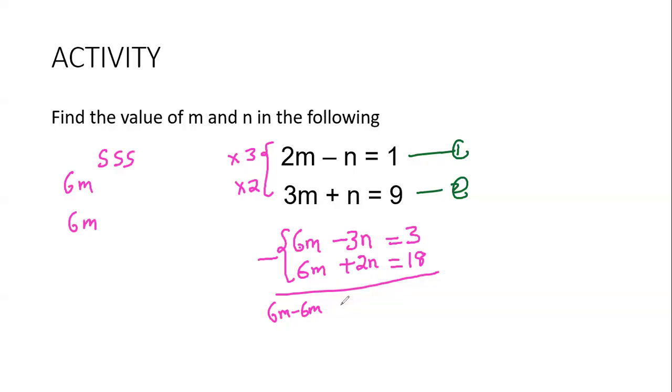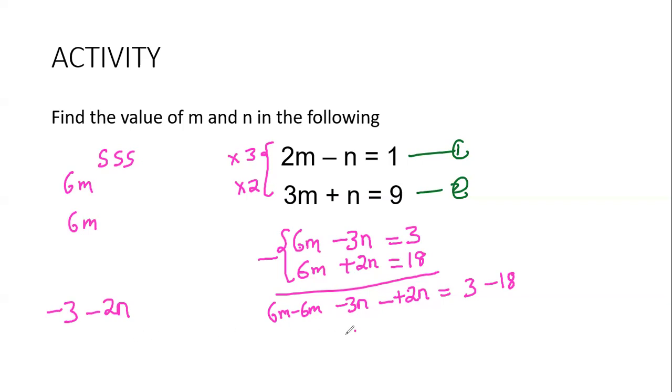Here I come to negative 3N plus positive 2N is equals to 3 minus 18. Here my M will become 0 automatically. I'm not working on M, I'm working on N. I'll be having N, because we have negative 3N minus 2N. What do you get?